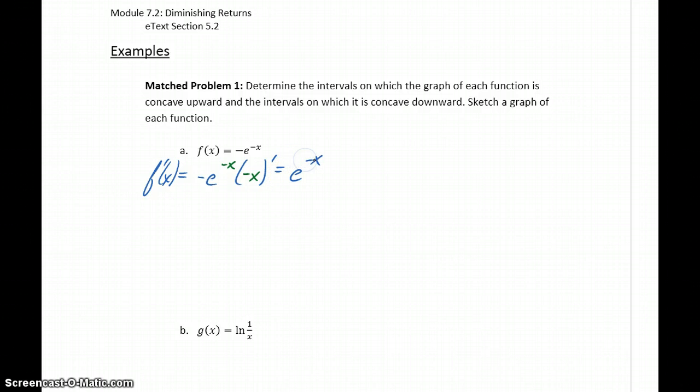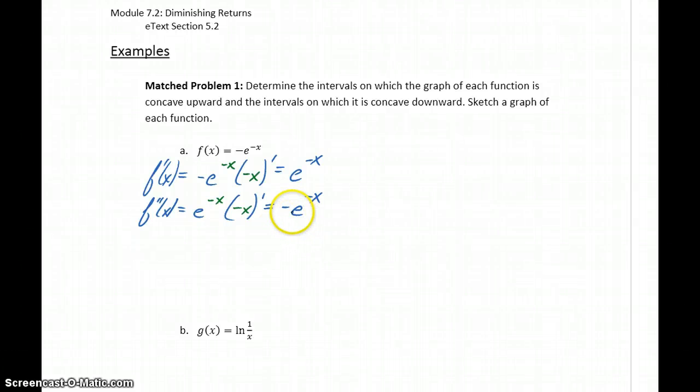So we get e to the negative x. The second derivative of our function then is the derivative of e to the negative x. So this will become e to the negative x. And again, we have a composite function here. So we'll multiply that times the derivative of negative x, which will give us negative e to the negative x.